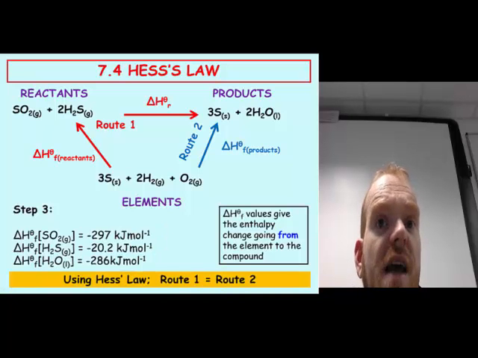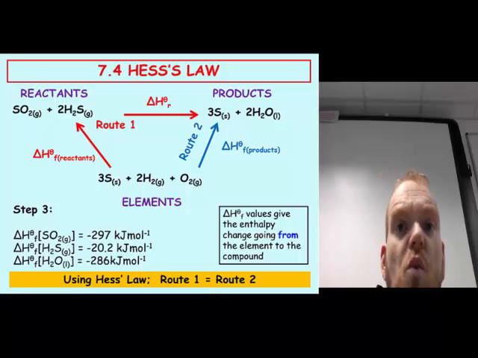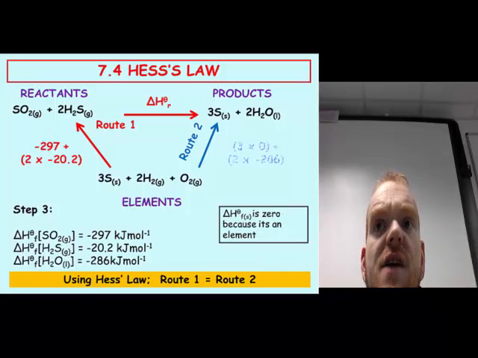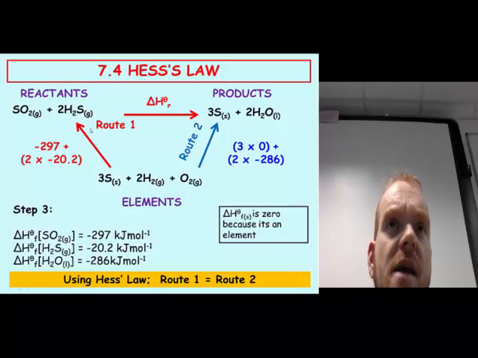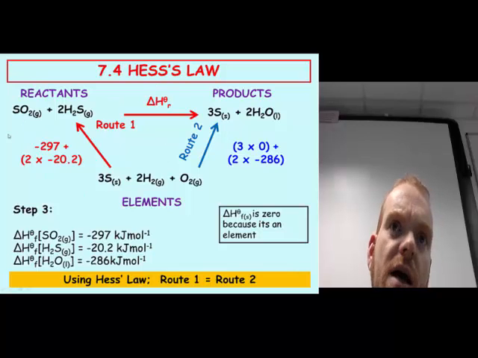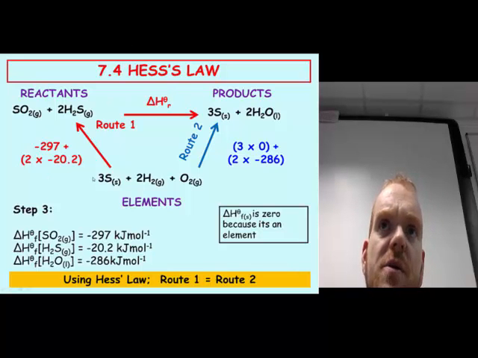So, using Hess's law, we know that route 1 is the same as route 2. Therefore, route 1 plus HR is equal to route 2. Let's say that again: route 1 plus HR is equal to route 2.